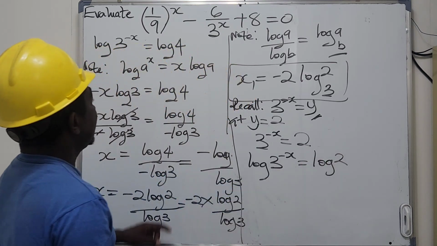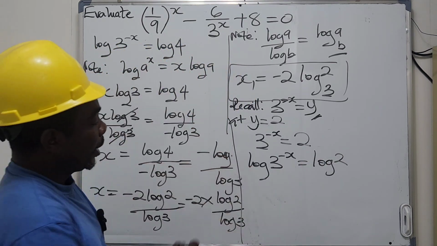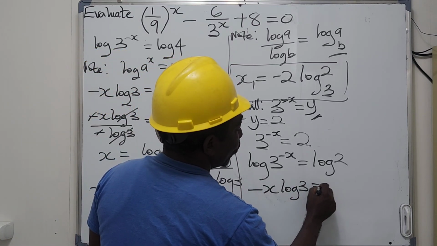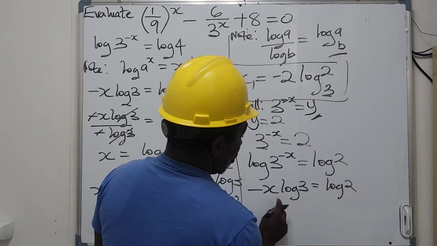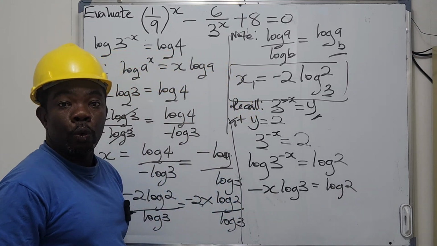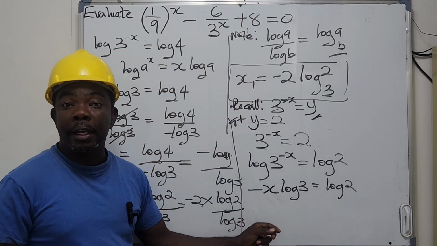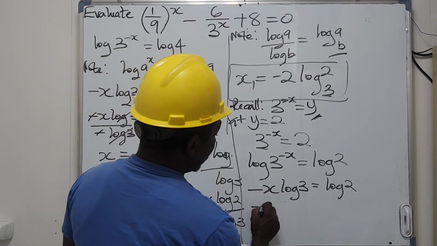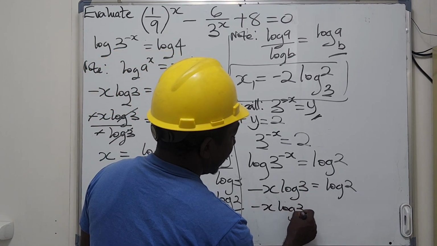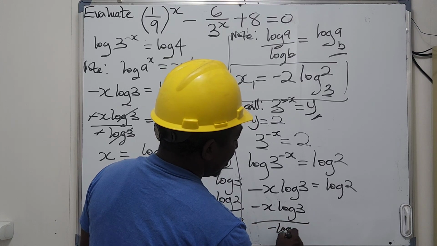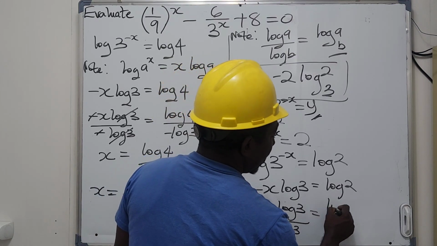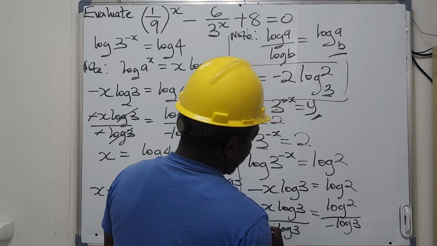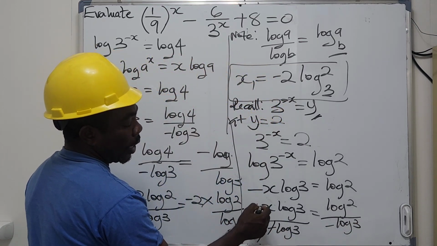So expressing this in this format, as we said, this will give us minus x log 3 equals log 2. For us to find the value of x, we need to divide both sides by minus log 3. So this will give us minus x log 3 all over minus log 3 equals log 2 all over minus log 3. So minus will cancel here and minus will cancel there.